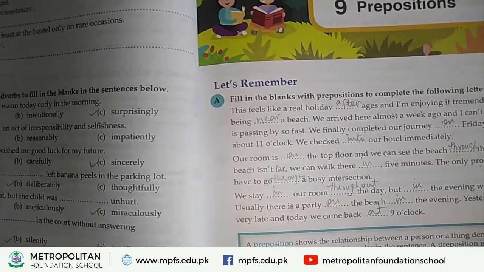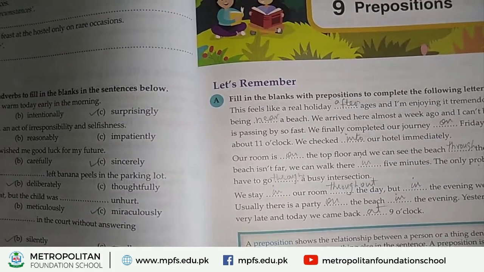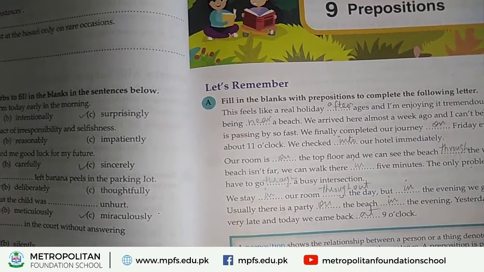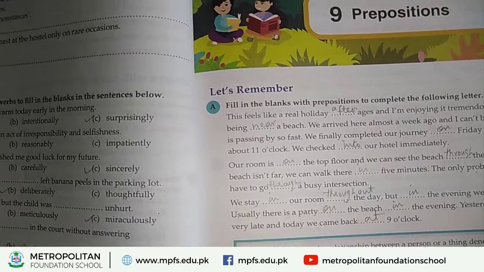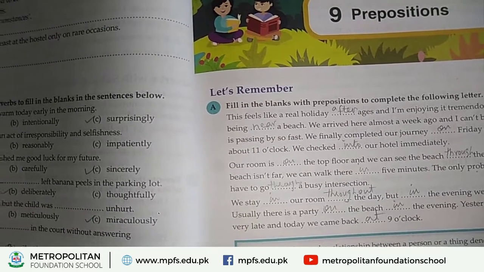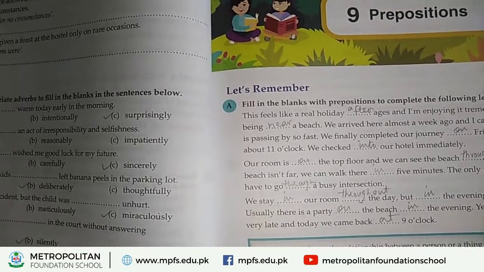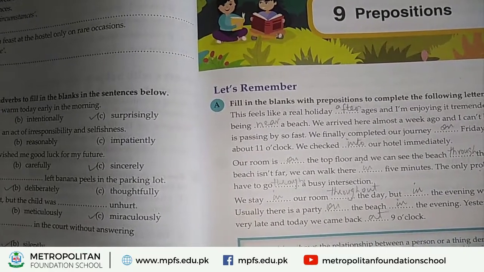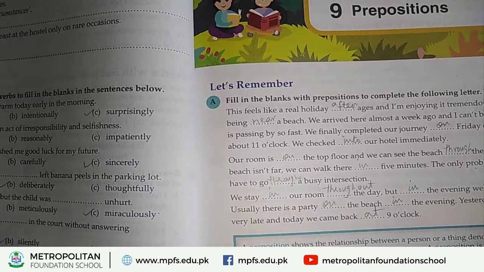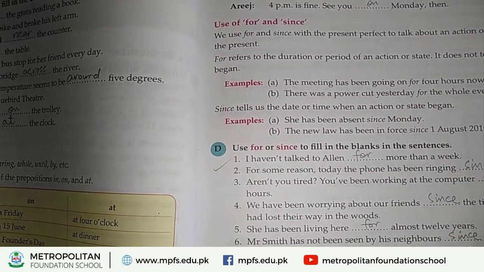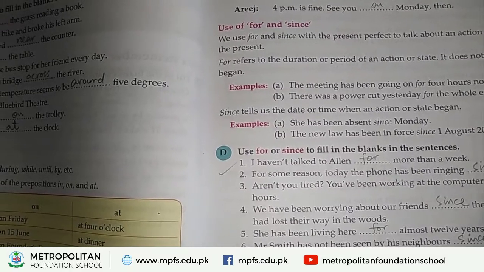Now, what are 3-word compound prepositions? In view of, by virtue of, with reference to, that are called 3-word compound prepositions. And after that, I told you about prepositions of place and time.